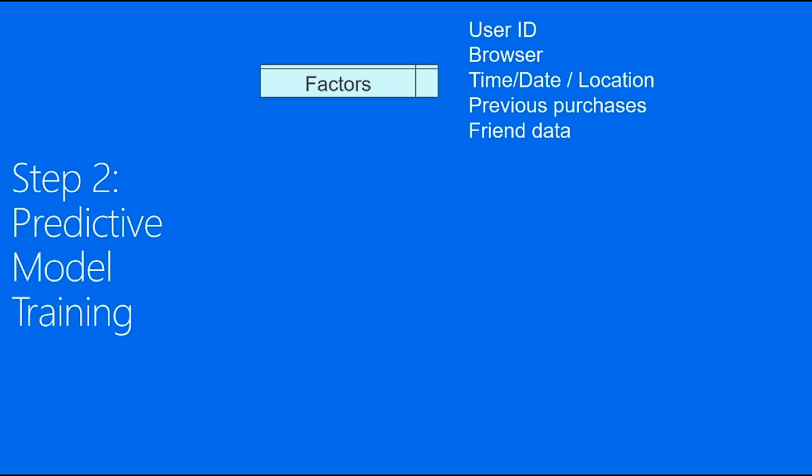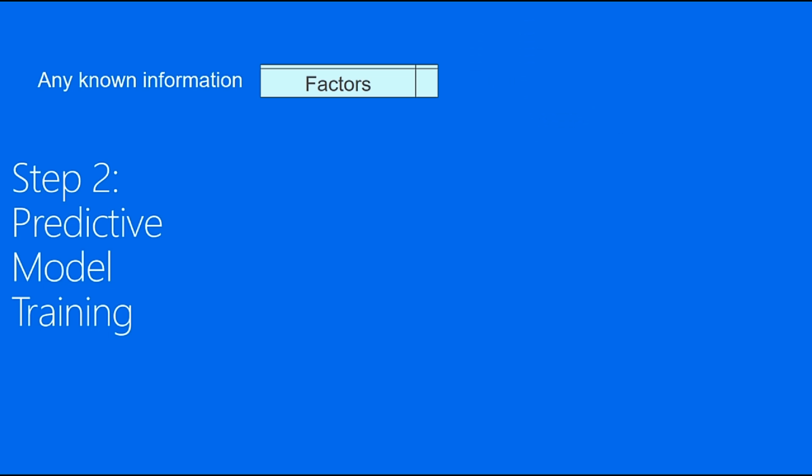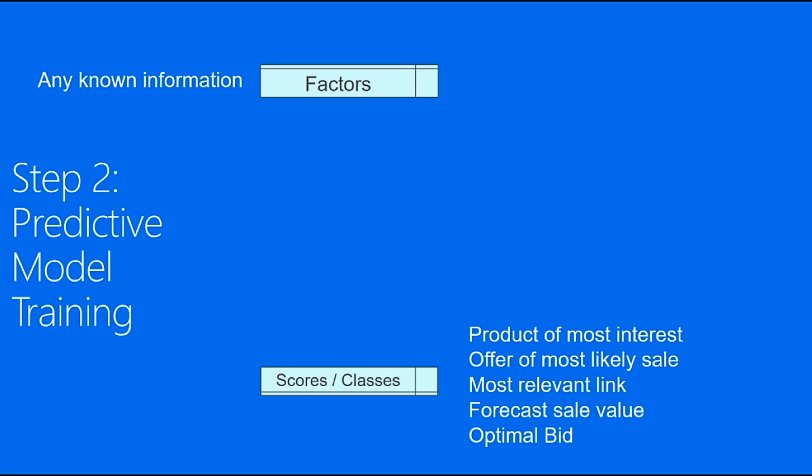We're also going to combine that with the actual outcomes we have from history, like, for example, which product was actually purchased, which we're going to use to find patterns in with the data. So let's summarize that and just call those factors any known information. As I said, we're going to combine that with the things we actually know from history, which products they generated, which product they purchased, which offer they actually took, so we can then generate ultimately for the future the product that might be of the most interest or the offer that might generate the best sale in the future.